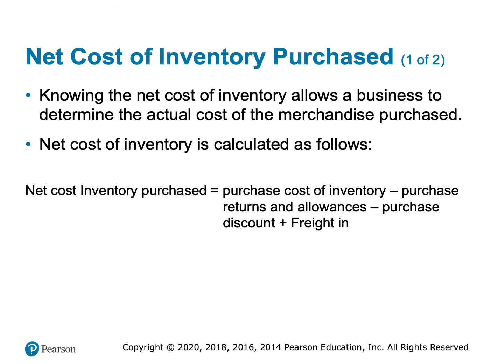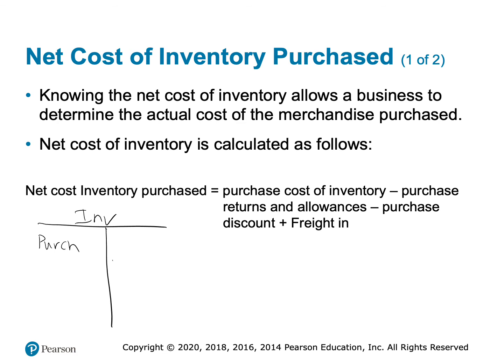Now, when we talk about the net cost of inventory, this is basically that giant inventory T account. It's the cost of the inventory, our purchase price, minus any purchase returns or allowances, minus any purchase discounts, plus any freight. So if we look at this in our inventory T account here, we debited inventory for the purchase cost.